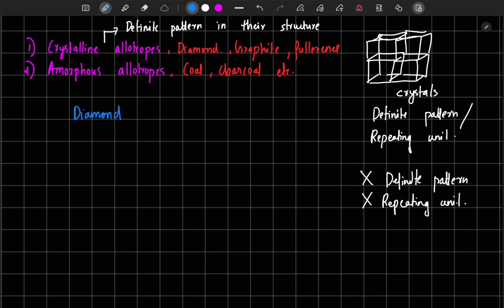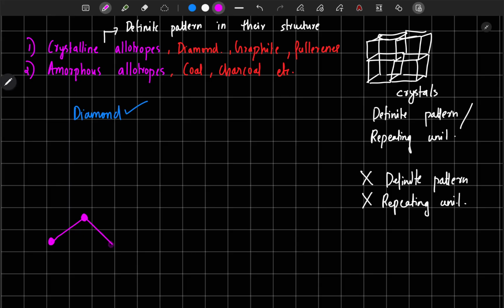Now first let us look at the allotrope diamond. How is its structure? I will draw the structure of diamond, then you will understand. It is an interesting structure. You see these dots, every dot that I am draw refers to one carbon. This carbon is bonded to another carbon in diamond.